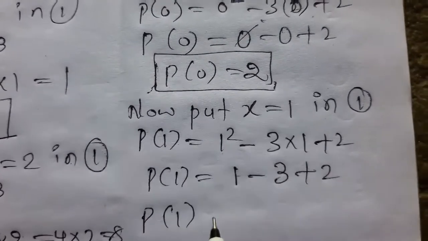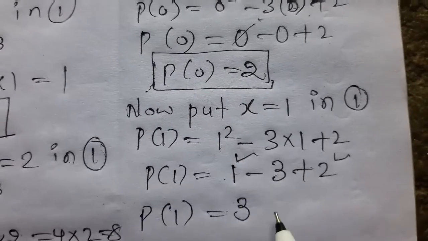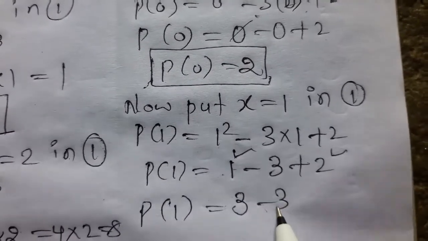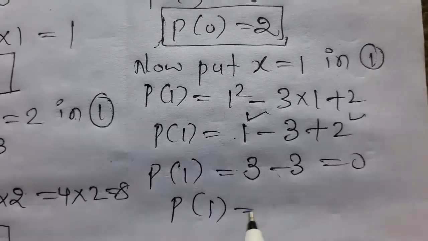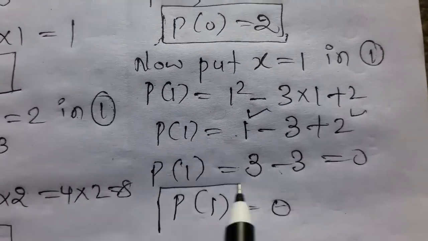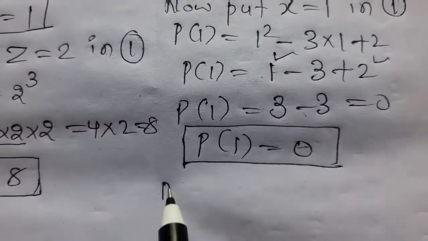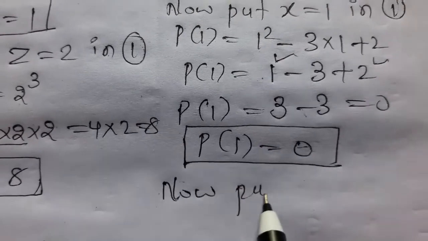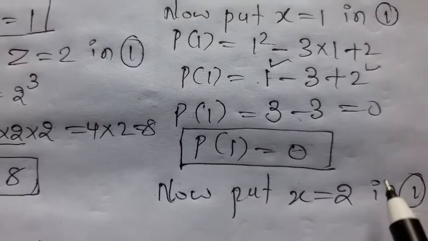Now P of 1 is equal to, add these two: 2 plus 1 means 3, minus 3, that equals 0. Therefore P of 1 equals 0. We got, isn't it?